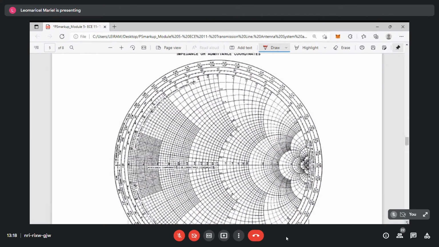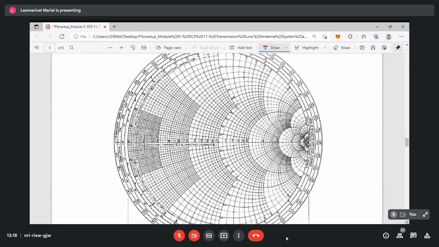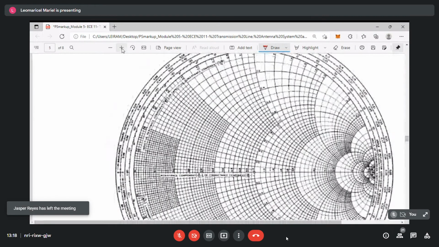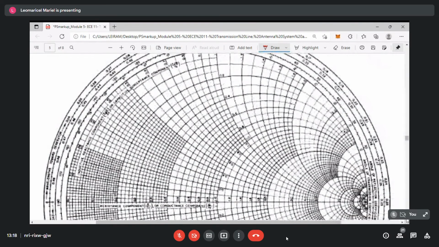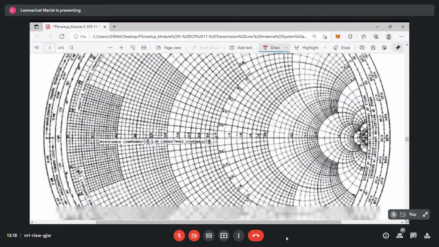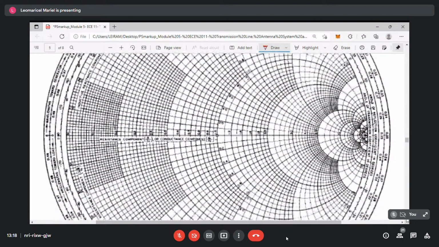value ng R. Nakikita ba? Ito yung Smith chart na tinatawag. Kung ilalakihan ko to, nakikita nyo ba? Medyo blurred po, sir. Oh, ayan. Blurred talaga. Ito yung tinatawag natin na 1.0 axis. Ito yung center natin. Yan ang magre-reference ninyo.